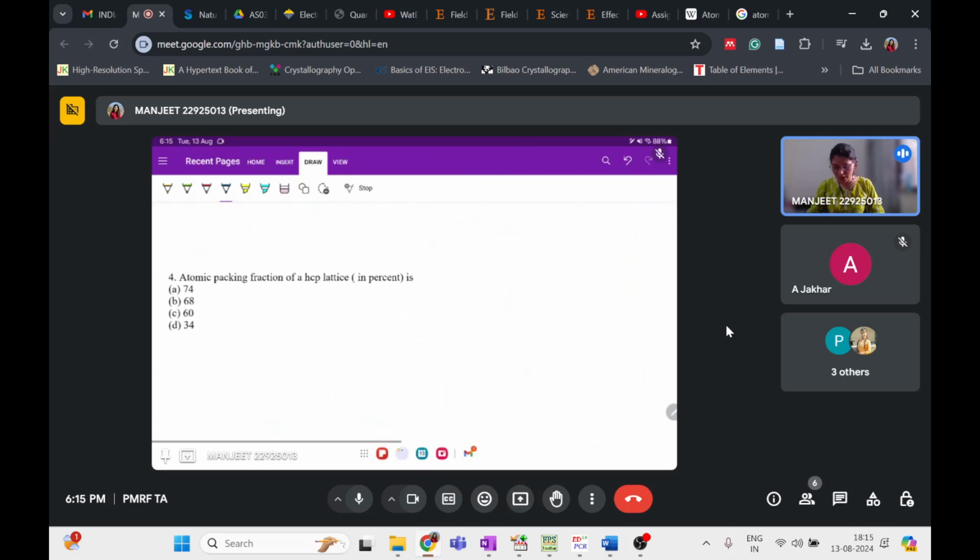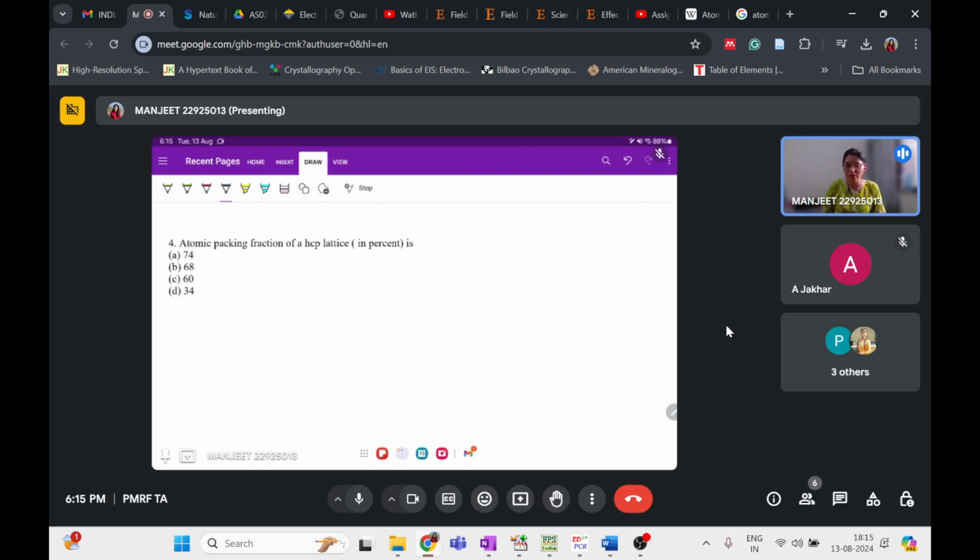Here you have to find out the atomic packing fraction of the HCP lattice in percentage.